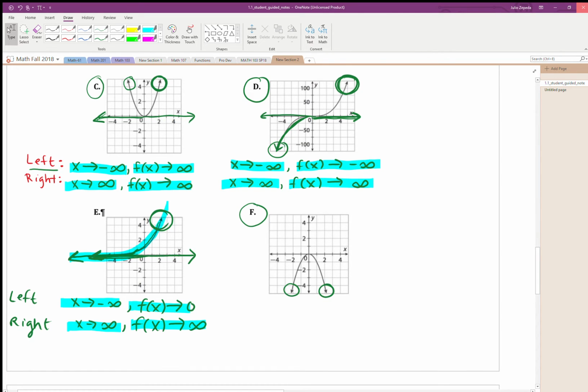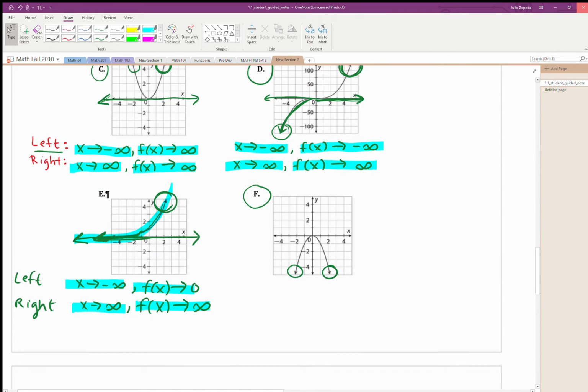Okay, we'll go ahead and look at one more example here. So now same thing, always starting off the same by going, what happens when x goes to the left, and what happens when x goes to the right. Okay, so going in the leftward direction, I can see on the left side my graph is ending right here at negative infinity.